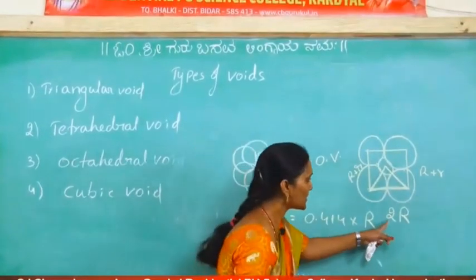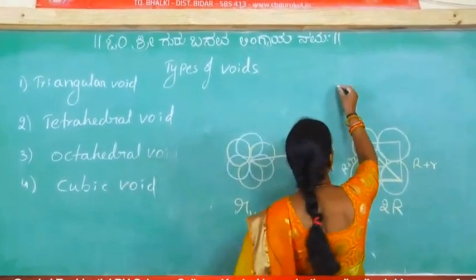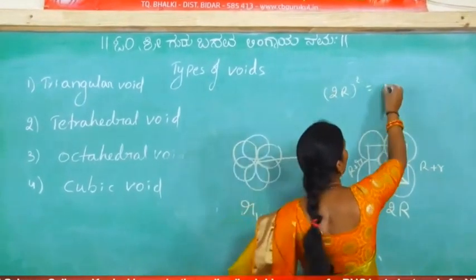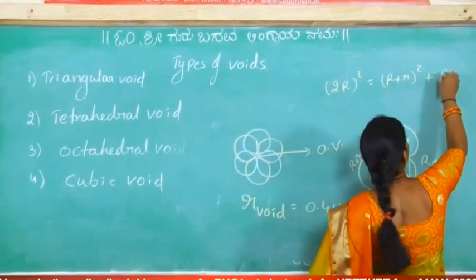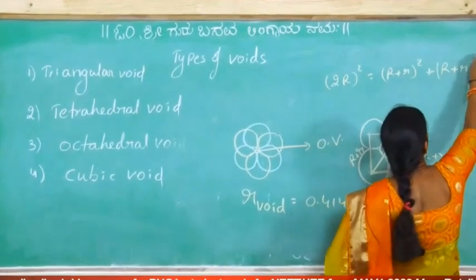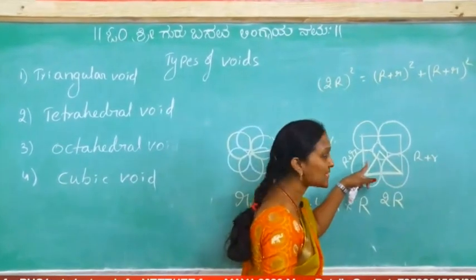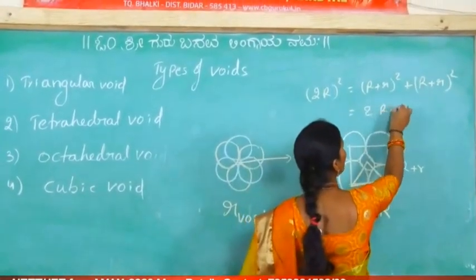Now this A, B, C, like that we are taking a right angle triangle. So now (2r) square equals (r plus r) square plus (r plus r) square. This square equals this square plus this square.